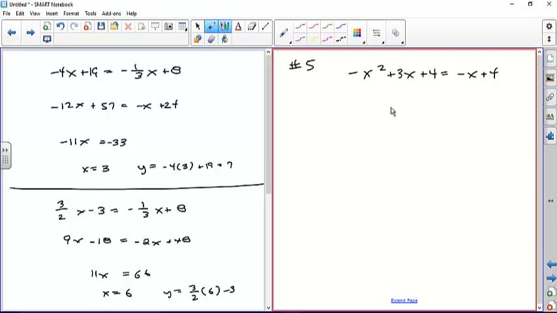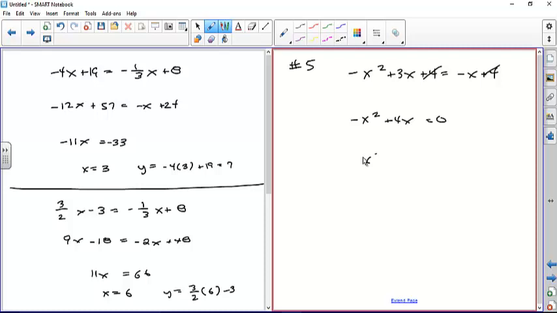So we just set those equal, and we can then move everything to one side. So this negative goes to the left-hand side, becomes positive. We've got positive 4 on both sides, so those are going to cancel out, because if you subtract 4 from both sides, it goes to 0.